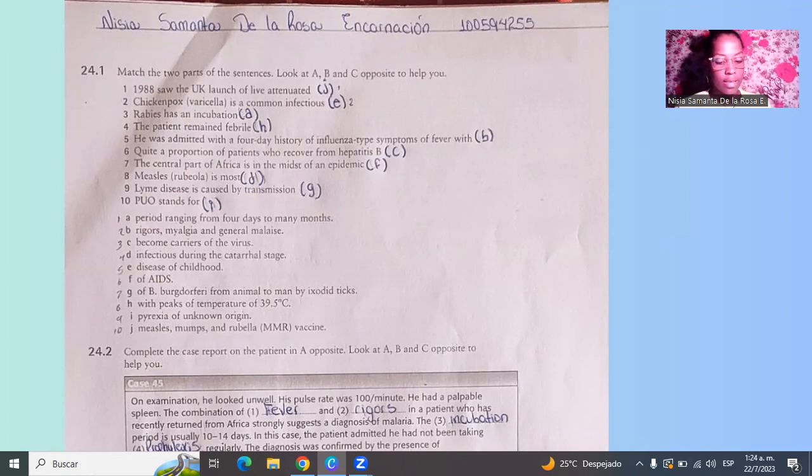Rubella is most infectious during the catarrhal stage. Zoonosis is the transmission of disease from animal to man. PUO stands for pyrexia of unknown origin.